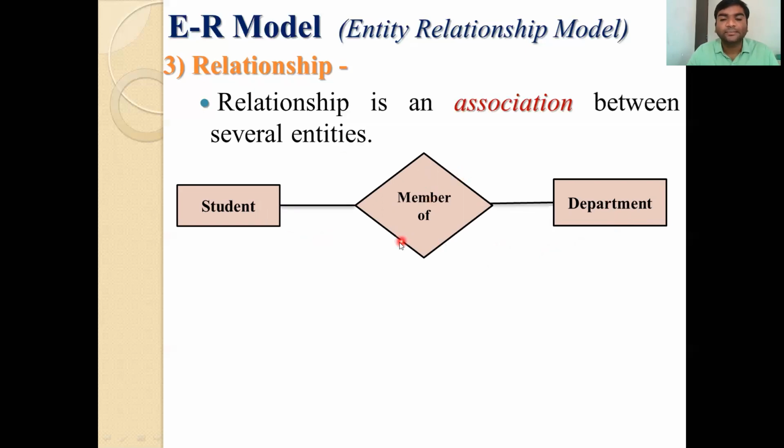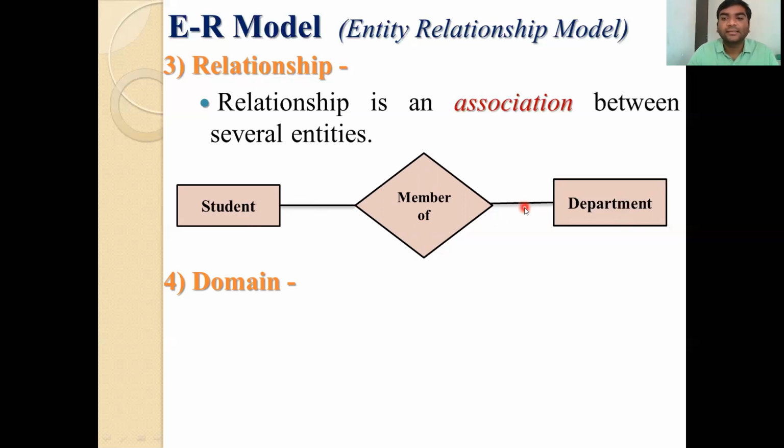So relationship is represented by the diamond. Relationship is represented by which symbol? It is represented by the diamond symbol. Entity is represented by the rectangle. And the lines are the association, these lines from student to this diamond and from department to this diamond.